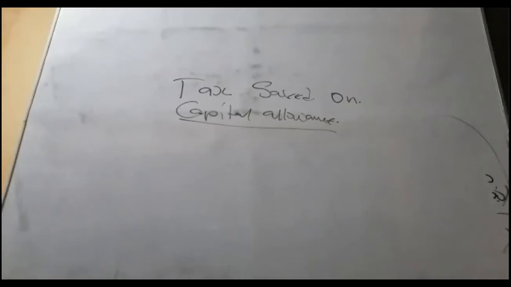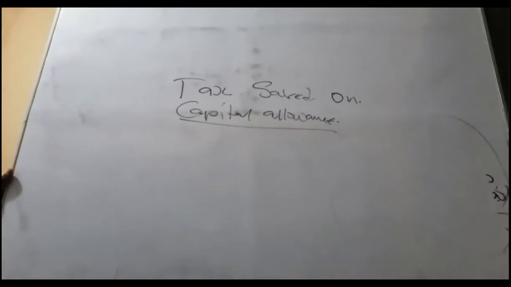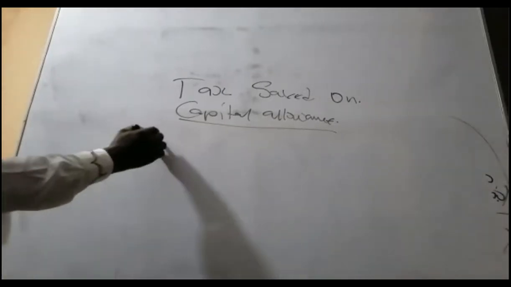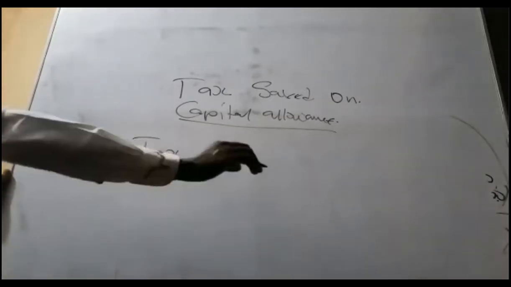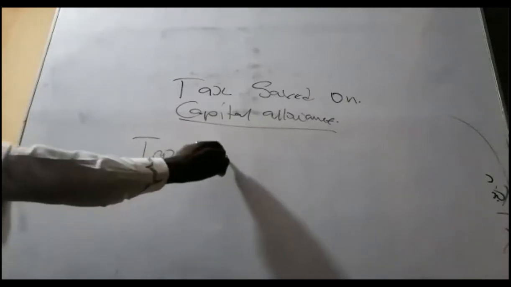Because we do not include depreciation, you have to include the capital allowance in it. So all you have to do is calculate the tax written down depreciation and multiply it by the rate. So you should know how to calculate depreciation. Here is tax written down depreciation.